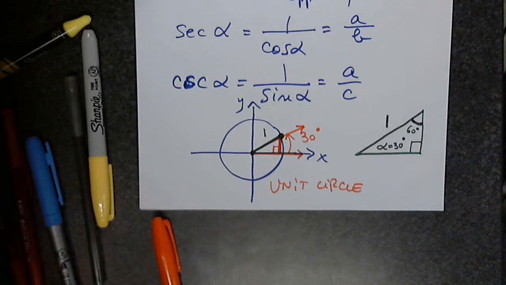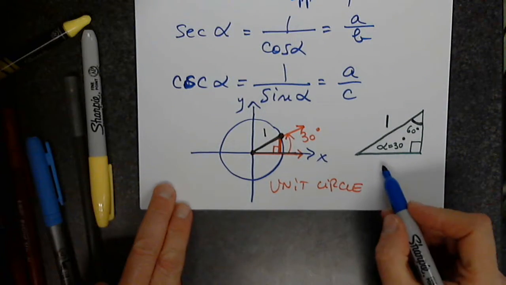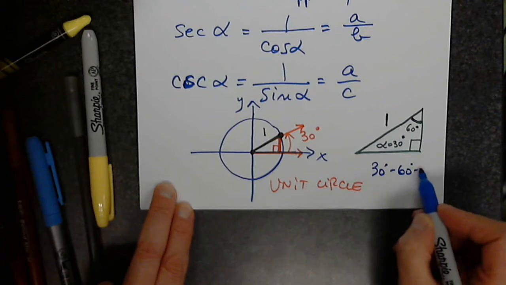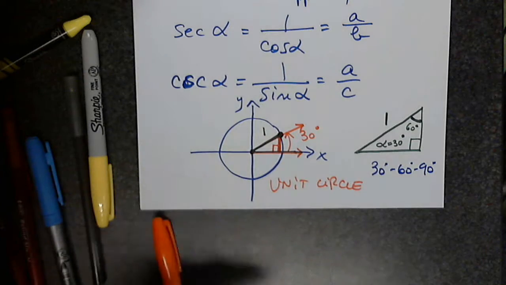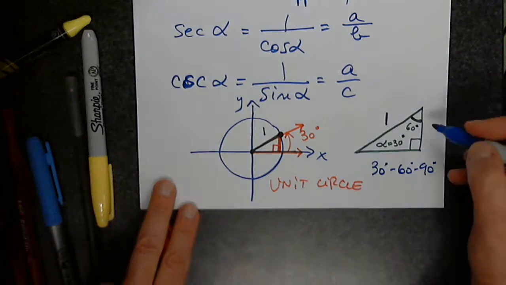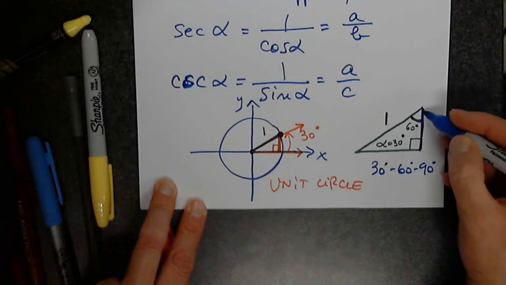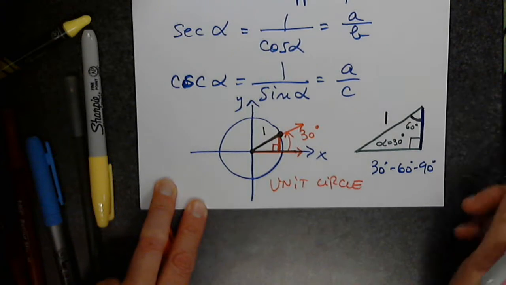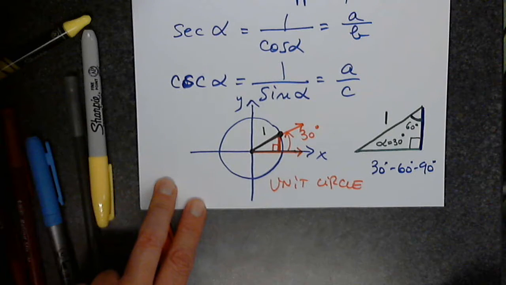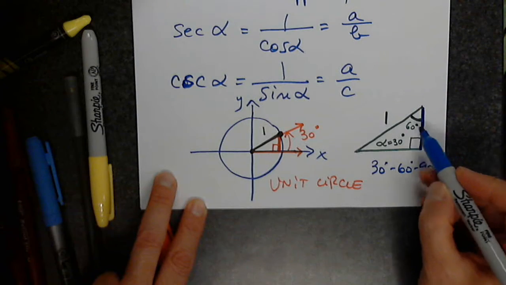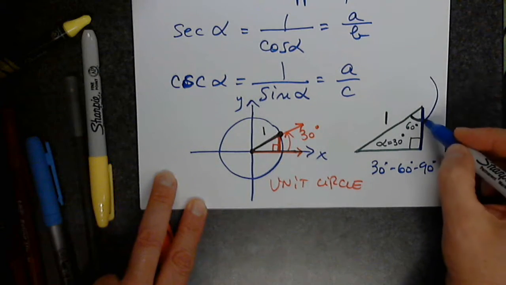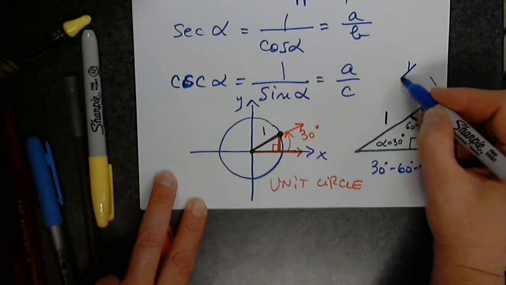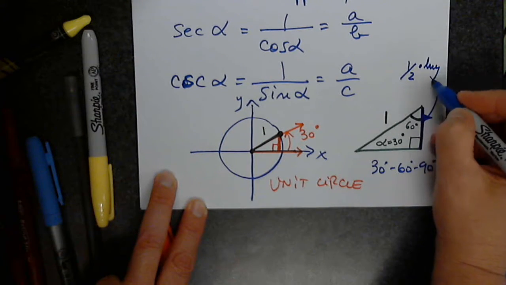Let me tell you what it is. Only in a 30, 60, 90 degree right triangle, the side that is opposite to the 30 degree angle is half of the hypotenuse. So this side is 1/2 multiplied by the hypotenuse.